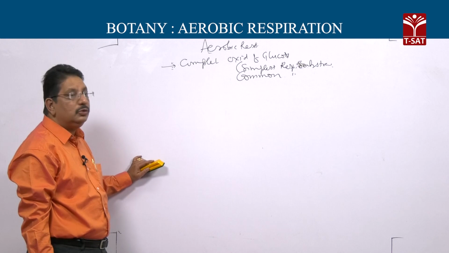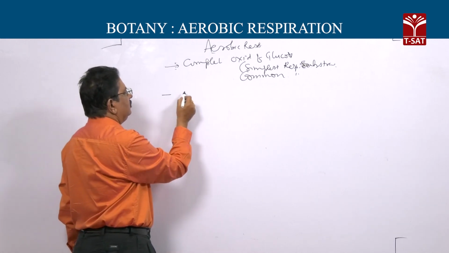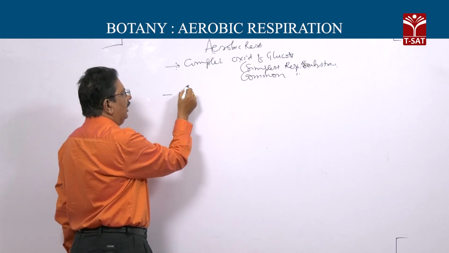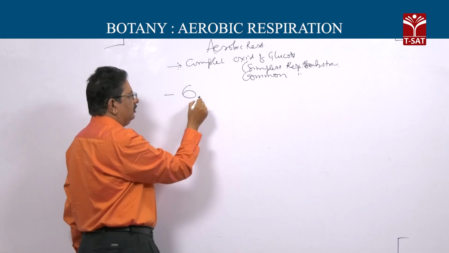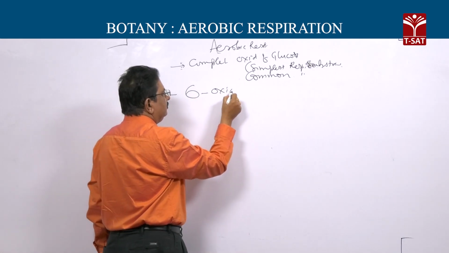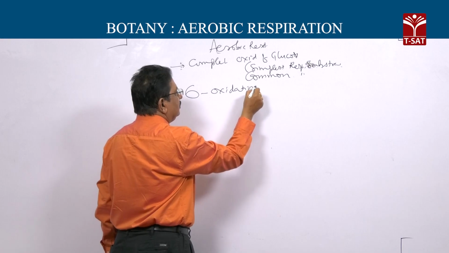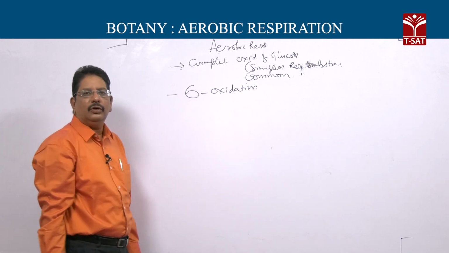And this glucose undergoes oxidation in 6 steps. So, there are 6 oxidations that occur during aerobic respiration.